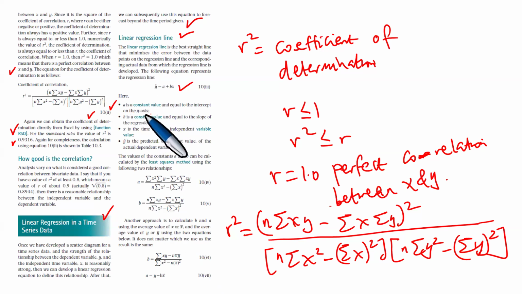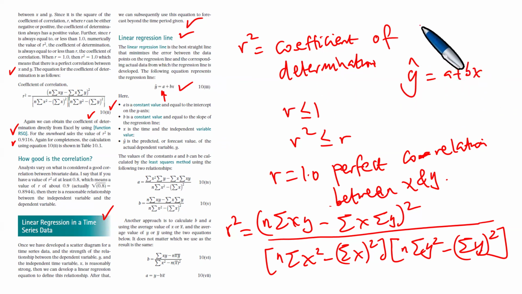Here, a is a constant value and equal to the intercept on the y-axis. This is called the y-intercept, a. So normally we have our usual y hat equals a plus bx.